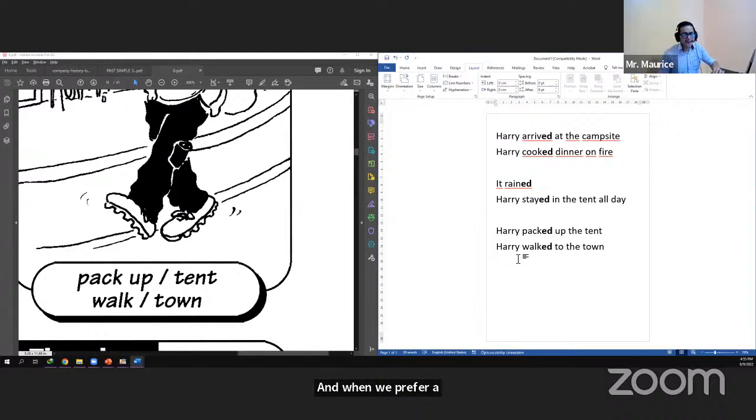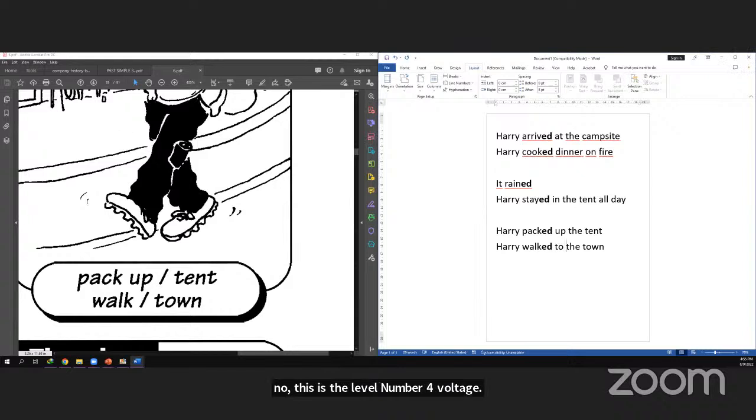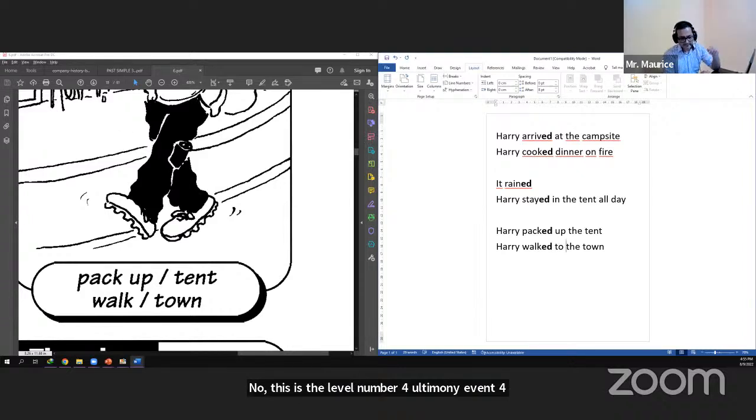No, this is the level number 4. Último nivel, 4. Este es el último. Yes. Entonces estoy mal matriculado. Okay, I don't know. Cada uno debería haber por eso es que noto que no, algunos no tienen el nivel que debería tener aquí en el 4 de estos verbos. Este es el nivel 4, Joffre.